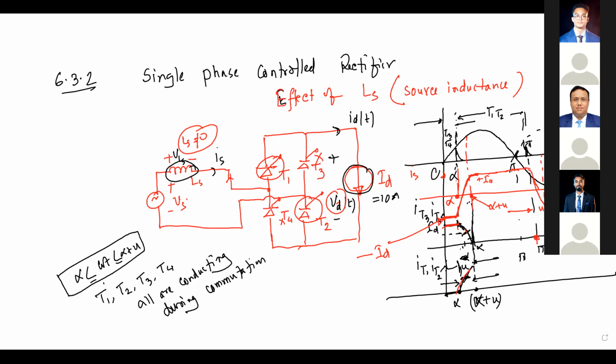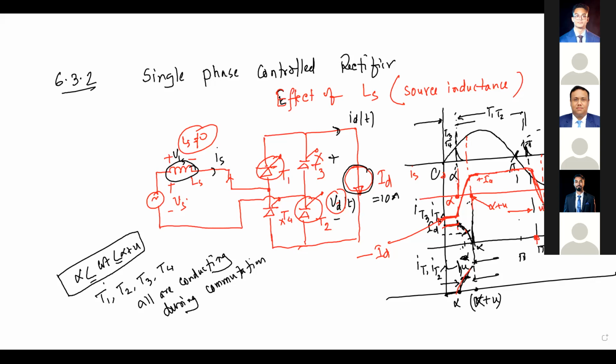You understand it? And here again, this is twice pi plus alpha. The current will start. So now the current waveshape will not be rectangular, rather it has a trapezoidal shape. Am I correct or not? Yes, sir.